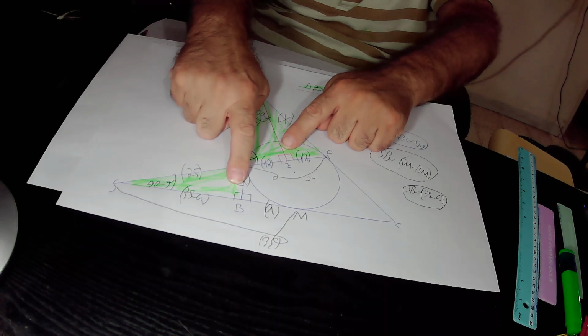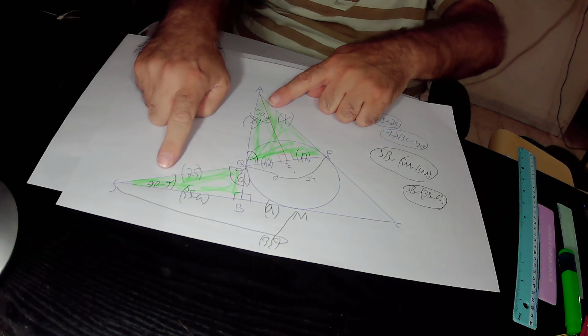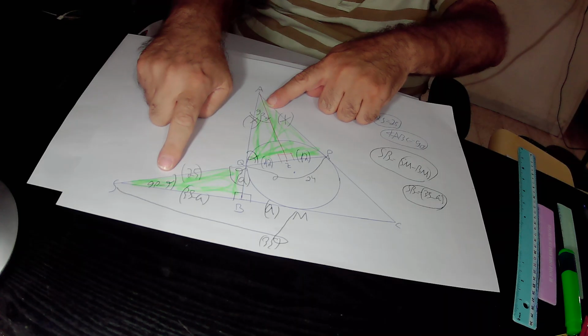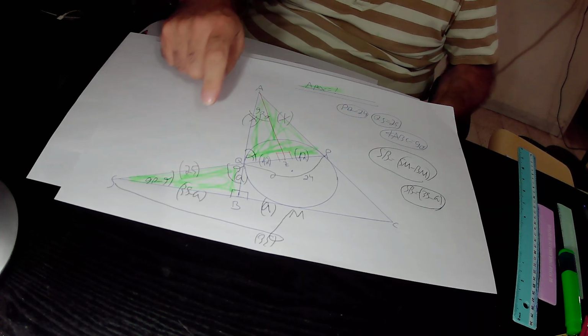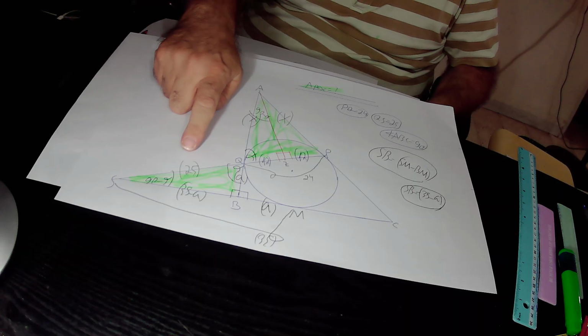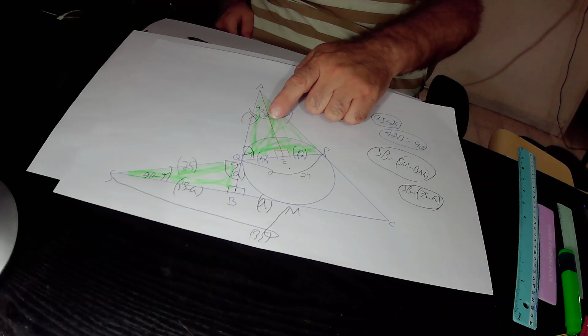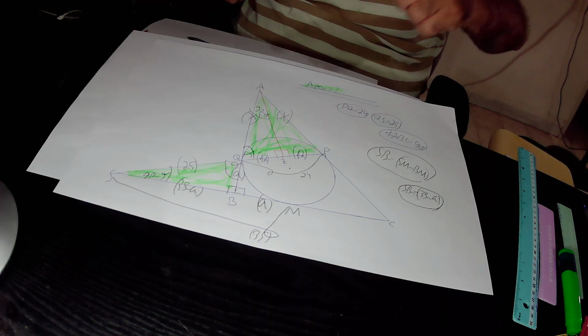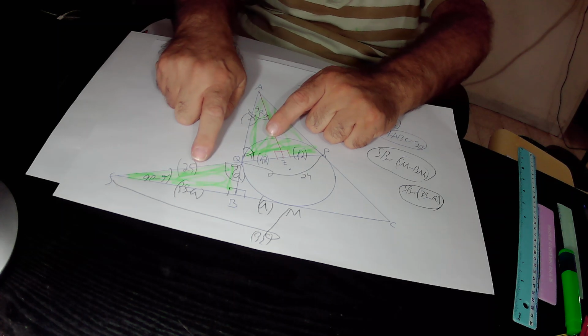In addition, those two angles are both equal to 90 degrees. And finally, those two angles are both equal to 90 degrees minus alpha. So all the angles of this right green triangle SQB are correspondingly equal to all the angles of this right triangle AQZ, and therefore those two right green triangles are similar to each other according to the angle similarity rule.